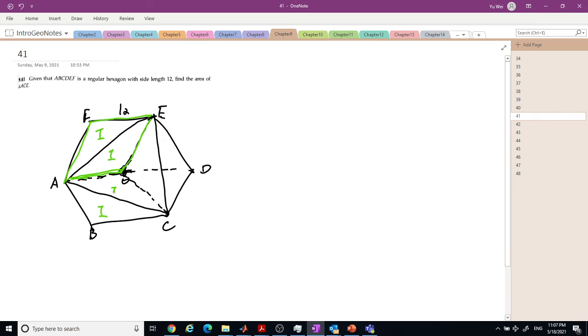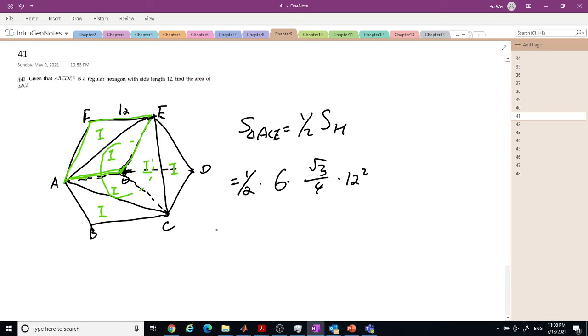This area is also one and one and one and one. So the area of ACE is 3 pieces, and the rest of them are also 3 pieces. So the area of ACE is half of the area of the hexagon. Half of the hexagon is 6 times √3/4 times 12 squared, divided by 2. After calculation, it is 108√3.